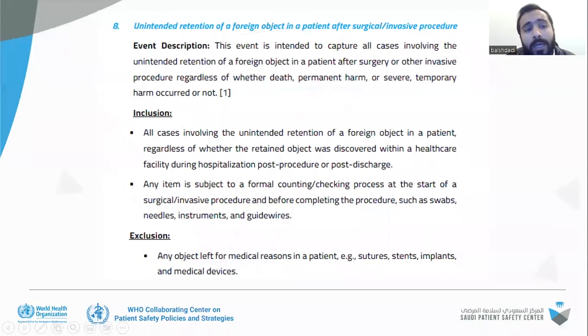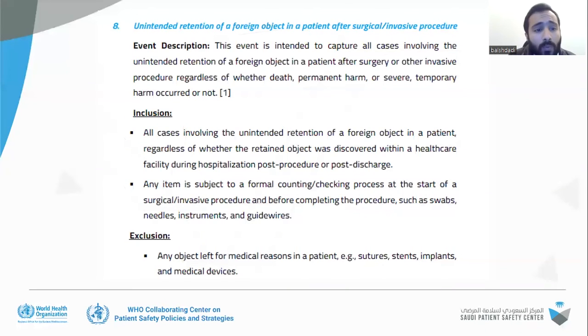If we go back to the Sentinel event manual and try to chart this event to the reportable Sentinel event list, which has 27 events, this event is number 8, unintended retention of a foreign object in a patient after a surgical or invasive procedure. Again, as I described in the first lecture, each event has a clear event description and inclusion and exclusion criteria.